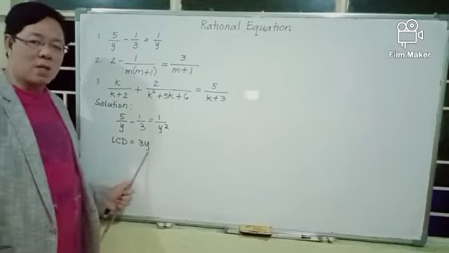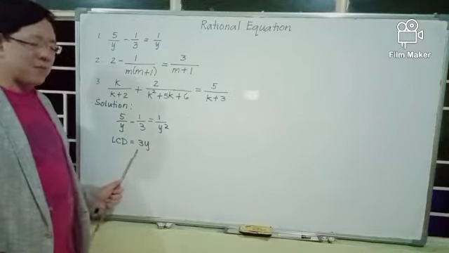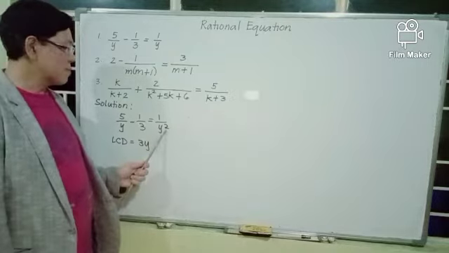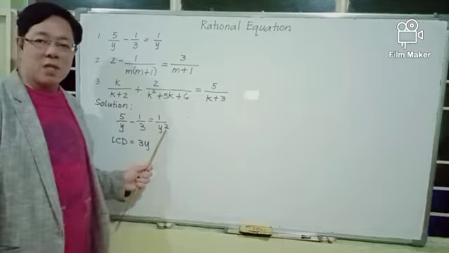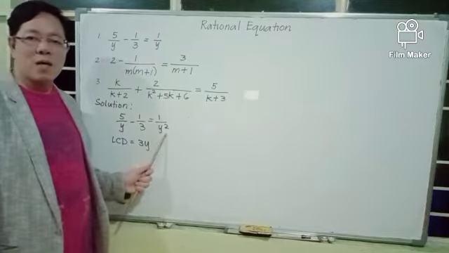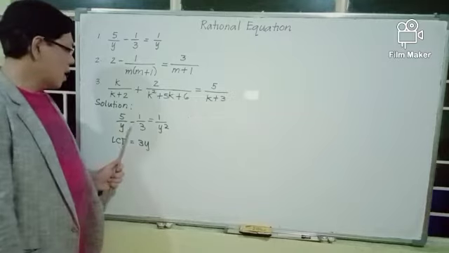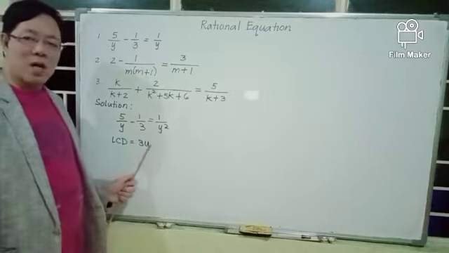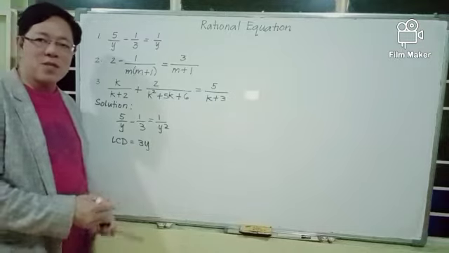So you take y and multiply that by 3 for the LCD. But you will take the highest exponent of y. The exponent of y here is 1, the exponent of y here is 2. And between 1 and 2, the higher exponent is 2. So you write y squared multiplied by 3 for the LCD.